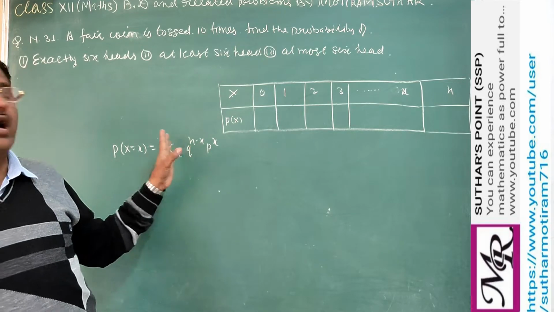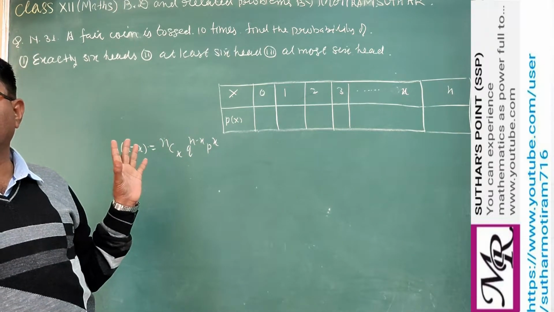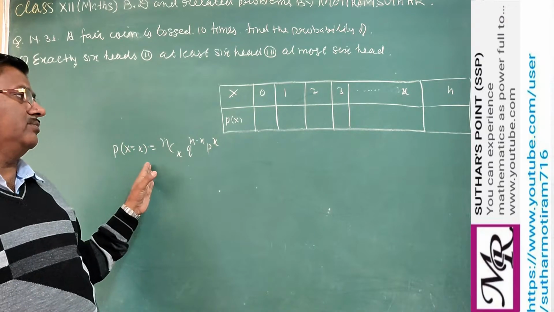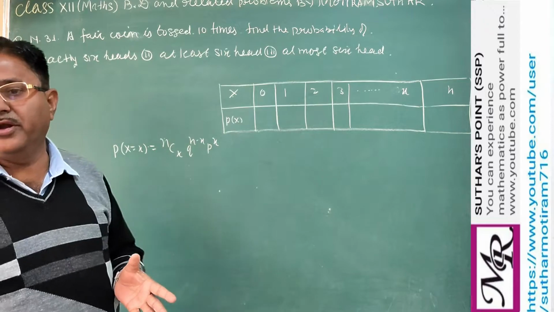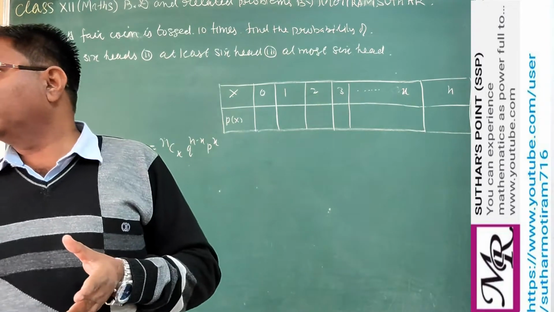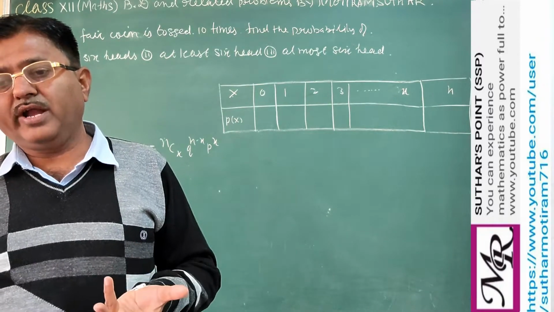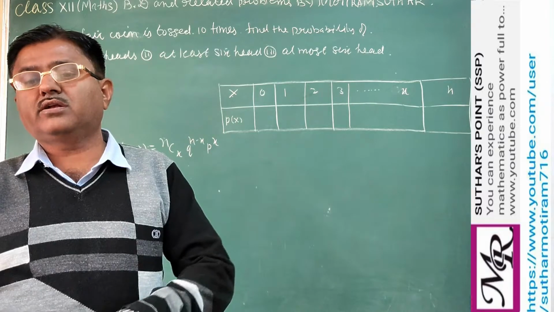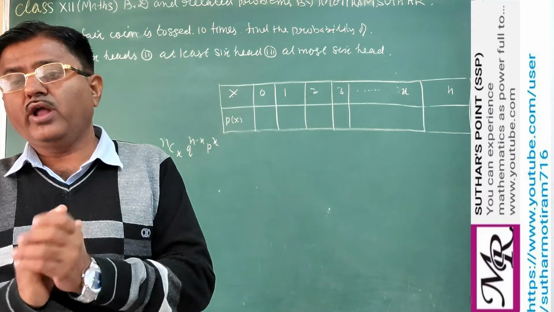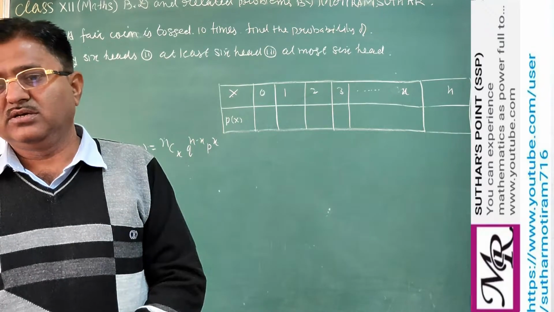So to directly find the probability of any event or any random variable, suppose someone says you are throwing a coin 100 times, then what is the probability of 5 successes, or 10 successes, or 50 successes? How do we directly find a particular success?